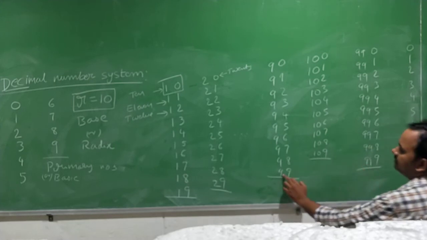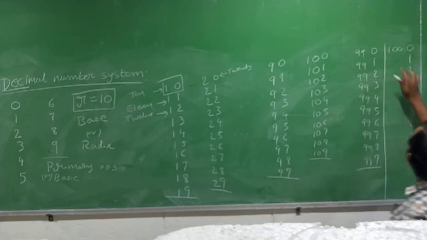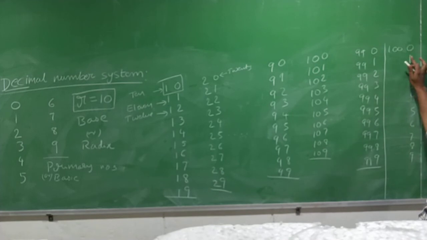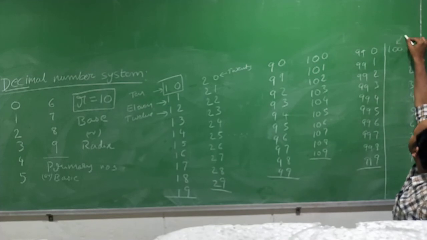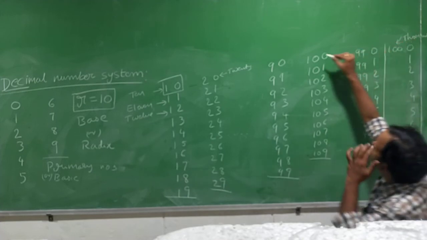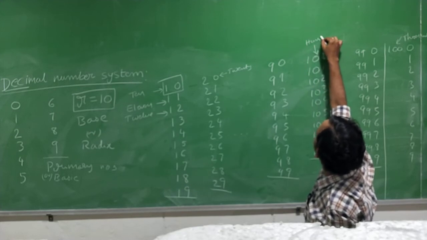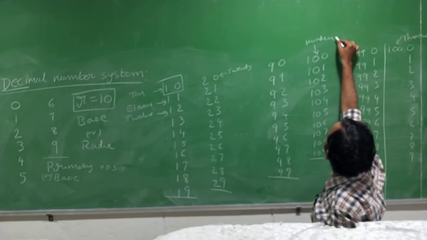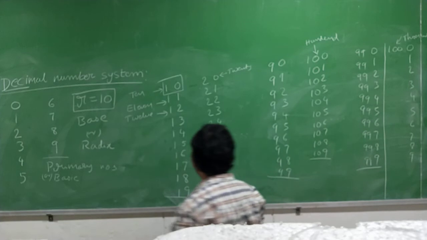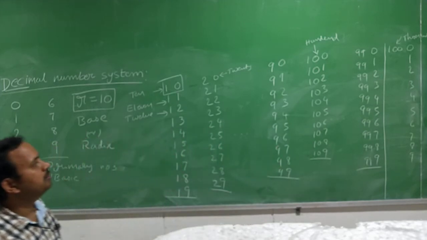After 99, what number did we get? 100, right? You need to keep 100 in front, so that you get a 4-digit number. This number I have given the name 1000, and previously for the 3-digit sequence I have given the name 100. This is how the numbers increase in the decimal number system.